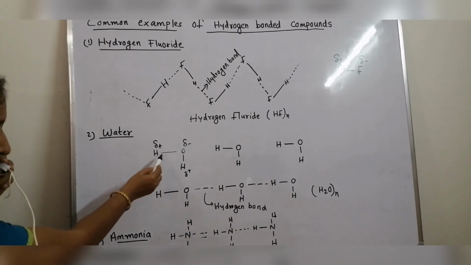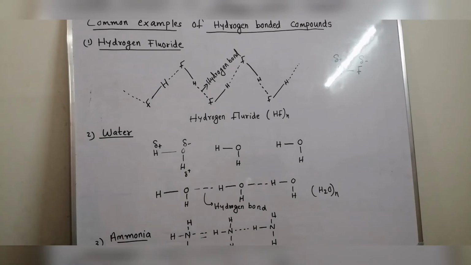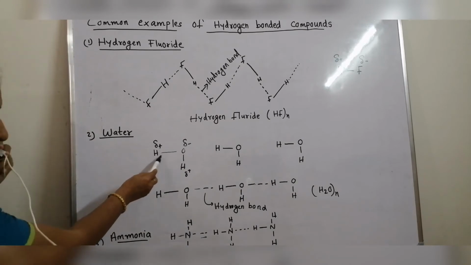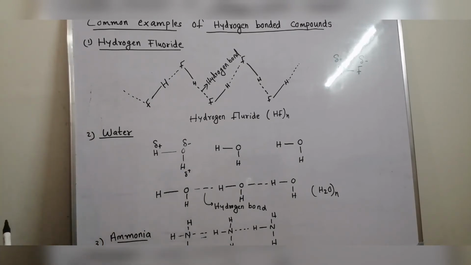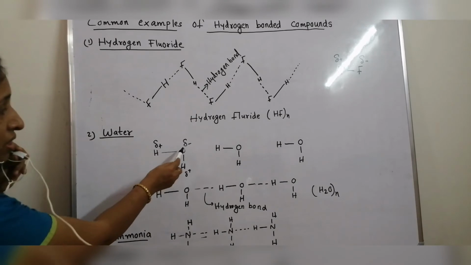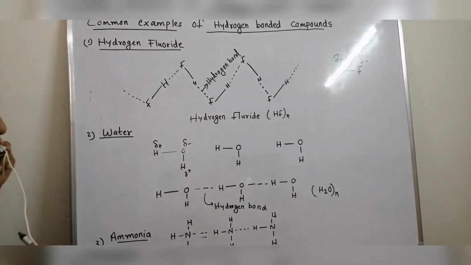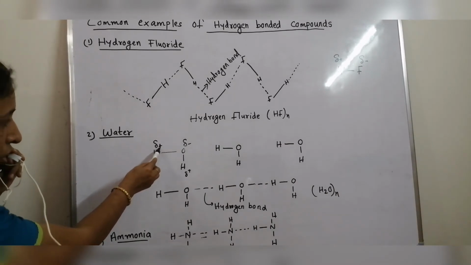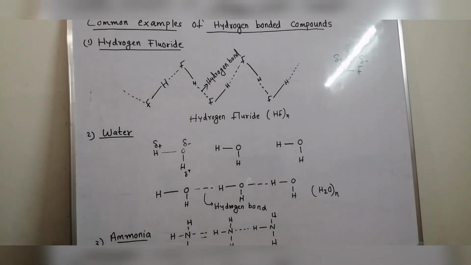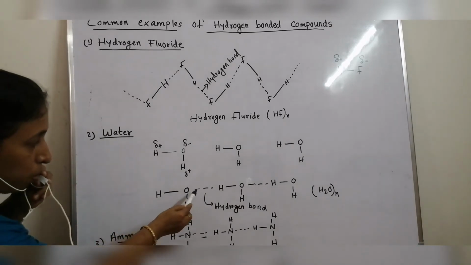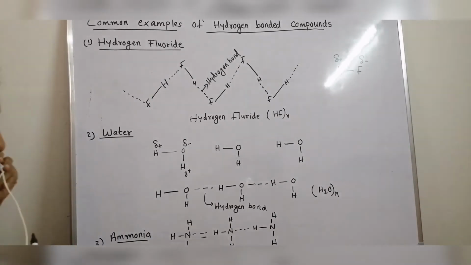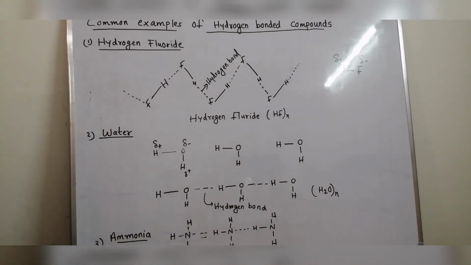In water molecules, oxygen is electronegative and hydrogen is electropositive. Because of the difference in electronegativity values, there is partial negative charge formation on oxygen and partial positive charge formation on hydrogen. A large number of water molecules bond together by hydrogen bond, forming a cluster of water molecules.